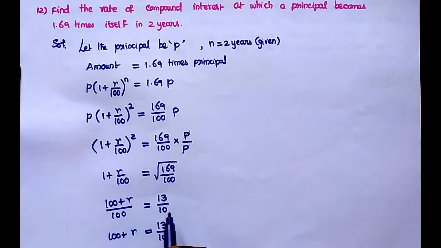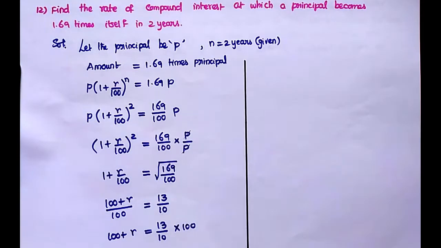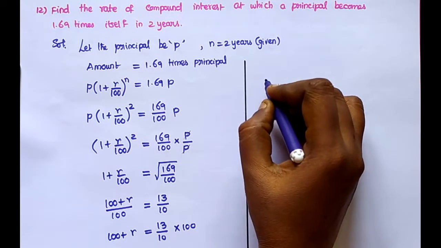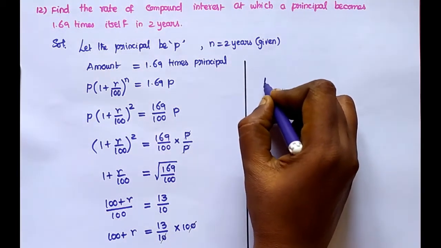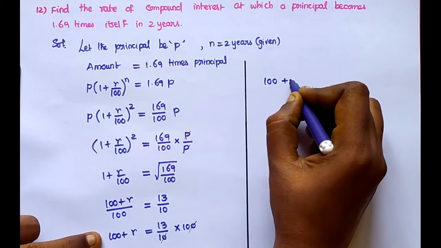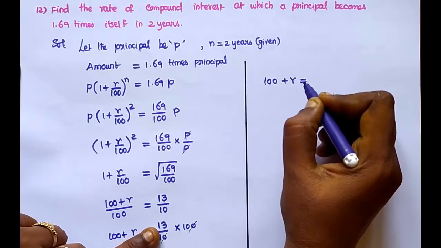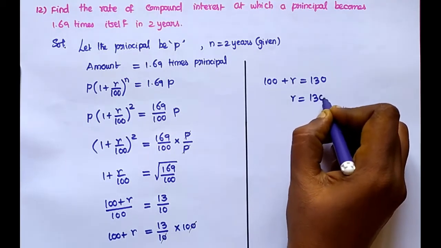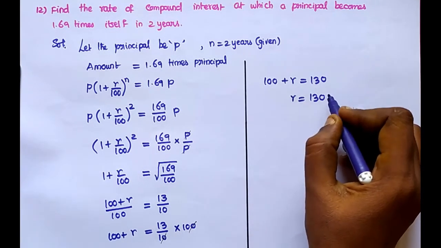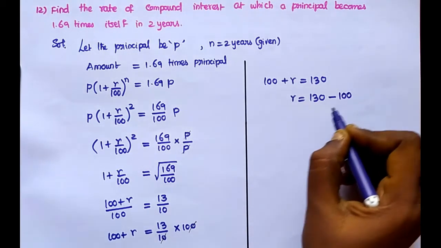Here 100 bring the side means multiplication. Now next step, listen, 10 cancel. 100 plus R equal to 13 into 10, 130. So R equal to 130, here plus 100 bring this side means minus 100.